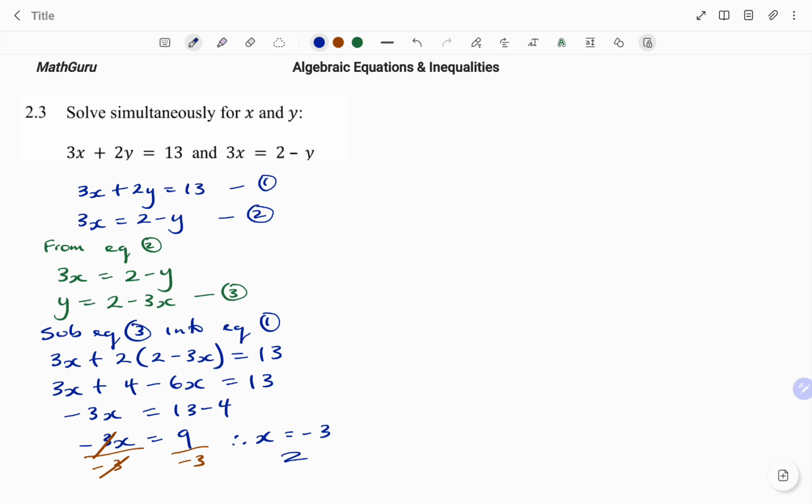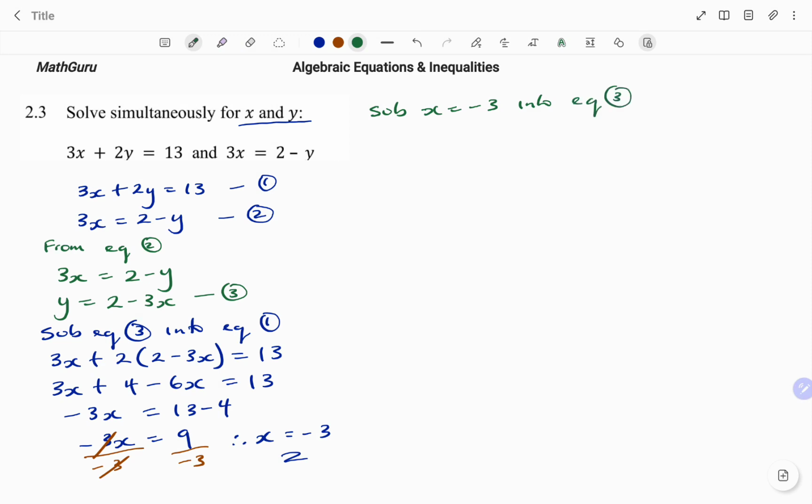Because it's a simultaneous equation, I need to find the values of x and y. That's two values. I've gotten the value of x, that's negative 3. And to find the value of y, I'm going to substitute x equals negative 3 into my third equation.